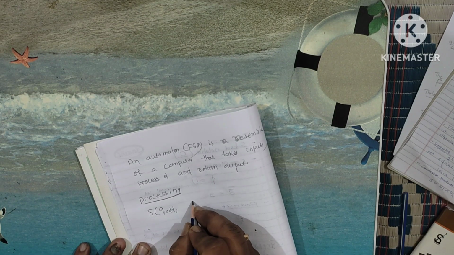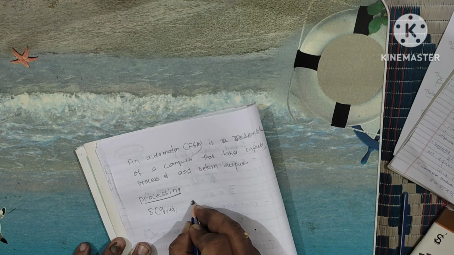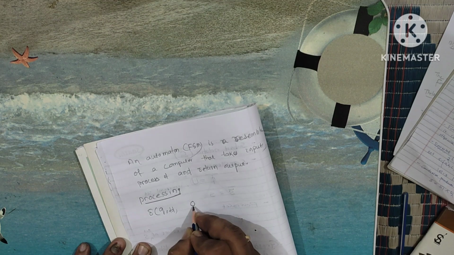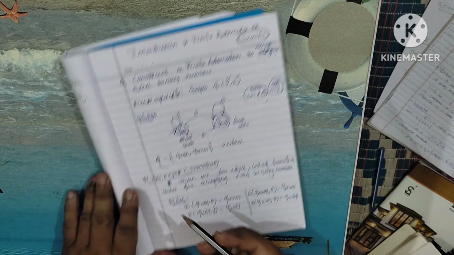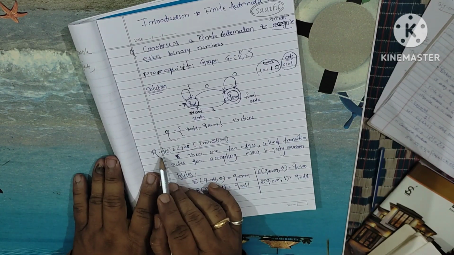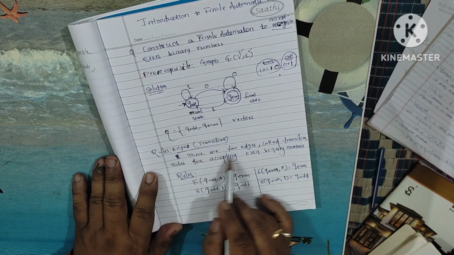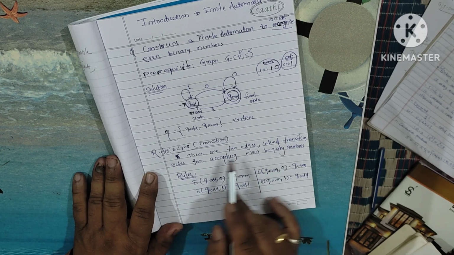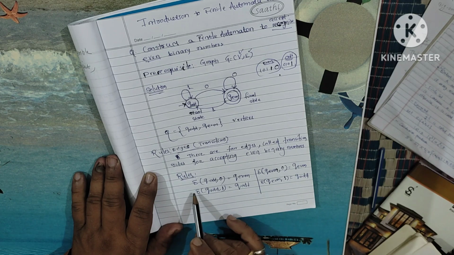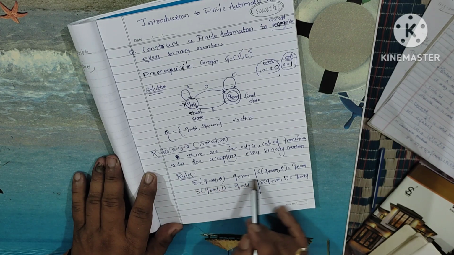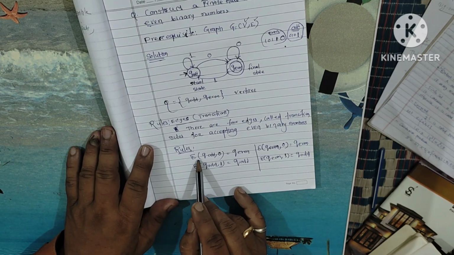Suppose any number ends with 0, preceded with any. So here we have discussed transition rules. There are 4 edges called transitions for accepting even binary numbers. So here 4 transition rules are very clearly mentioned.